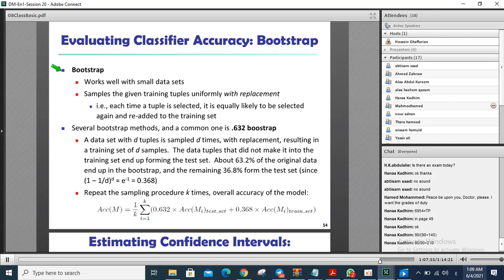There is one more method to do this, the bootstrap method.